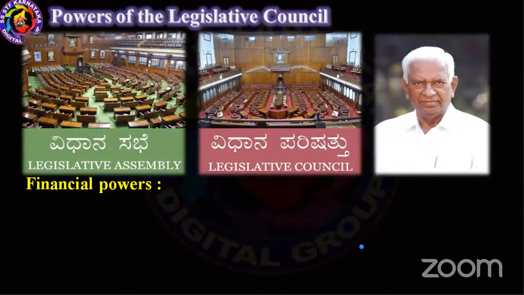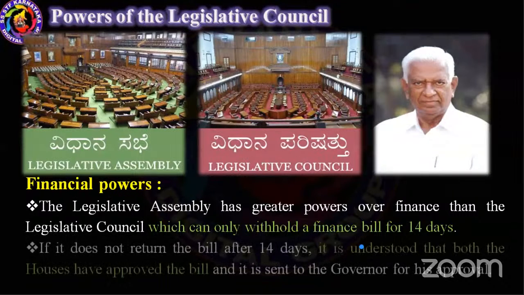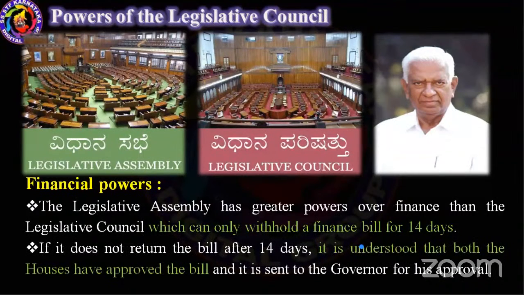Next, financial powers. The legislative assembly has greater power over finance than the legislative council, which we already discussed in the beginning of this class, and the council can hold such bills for 14 days. If it doesn't return the bill after 14 days, it is already over.